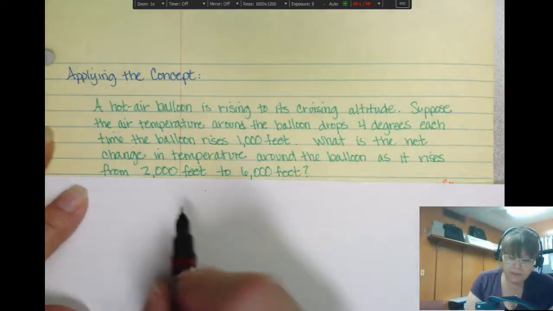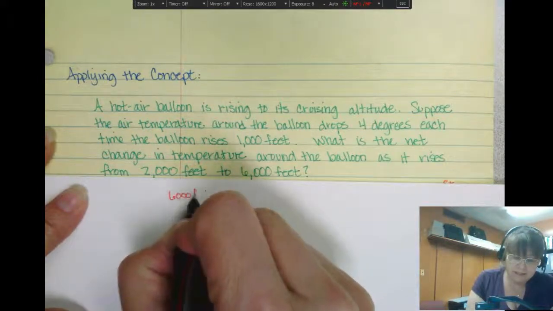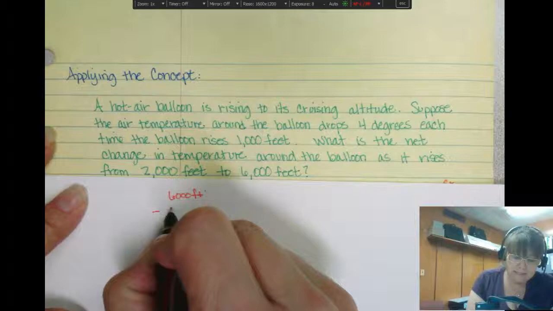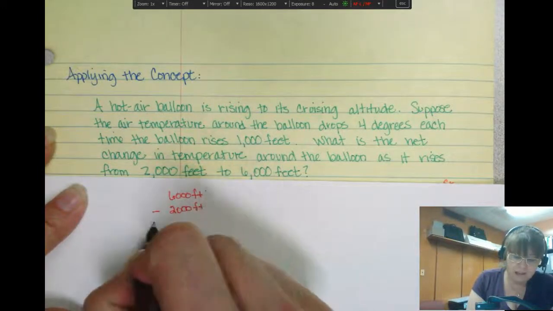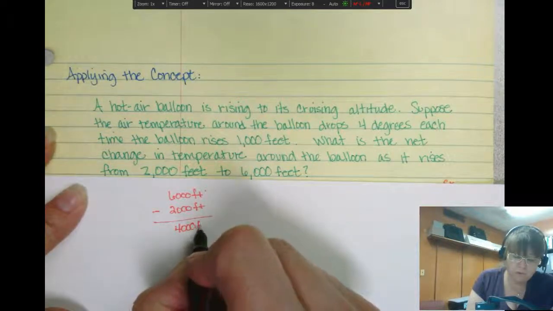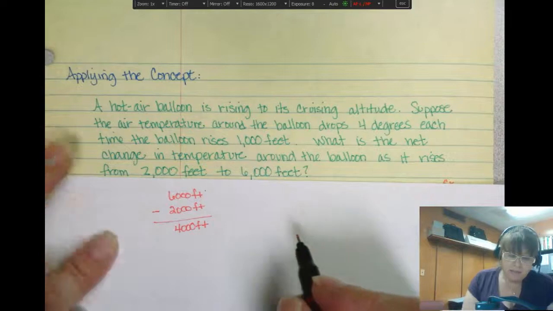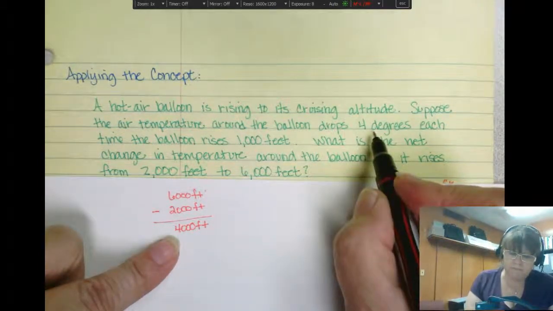So let's figure out the difference between the high altitude of 6,000 feet minus 2,000, our starting point, that will give us how many feet we rose. We rose 4,000 feet. For every 1,000 feet, the temperature drops 4 degrees.